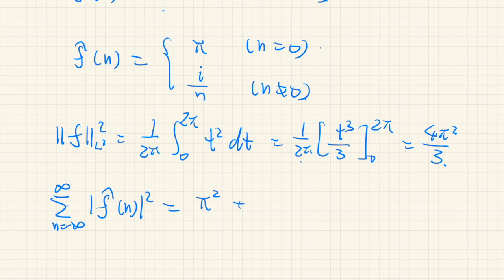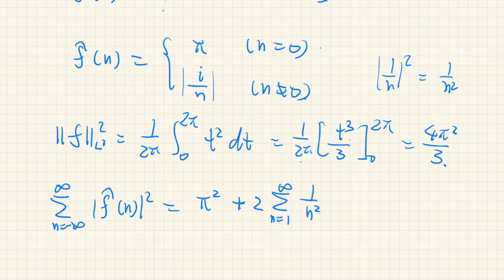Plus, the absolute value squared, so if we take the absolute value of this, that's 1 over n, so that's 1 over n squared. And that's symmetric around 0. So we have 2 times the sum of n from 1 to infinity of 1 over n squared.